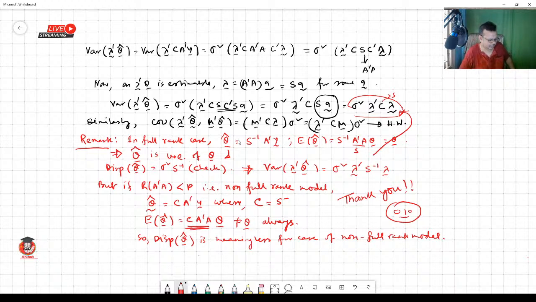Okay, so next day we will discuss canonical form of the linear model, then estimation under correlation model, estimation where parameters obey some linear restrictions, and if time permits then we will discuss sum of squares due to linear functions. Hopefully the next is the last class for the linear model.